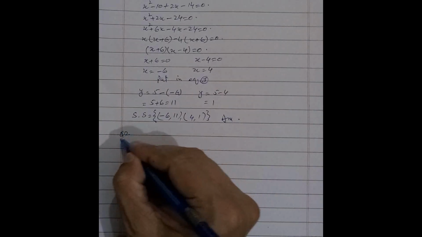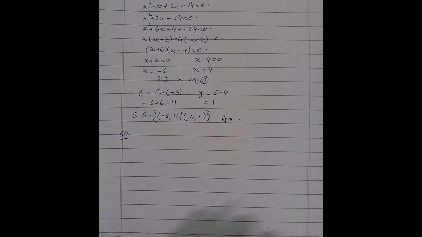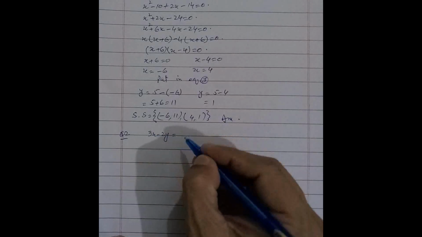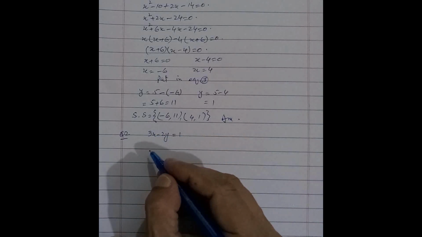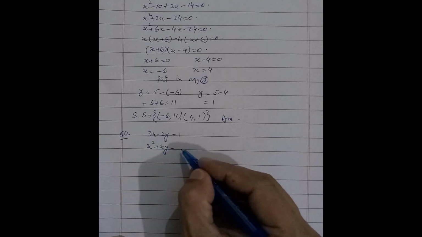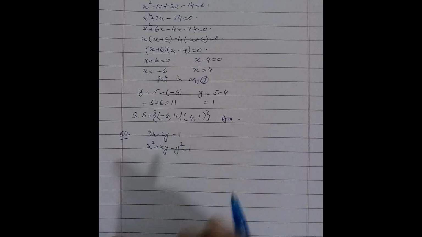Question number 2, in which the one equation is 3x minus 2y is equal to 1, and the other is x square plus xy minus y square is equal to 1.